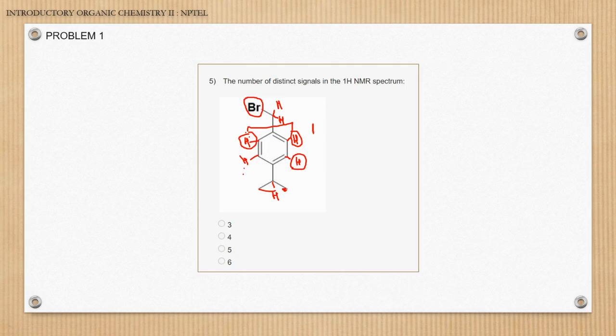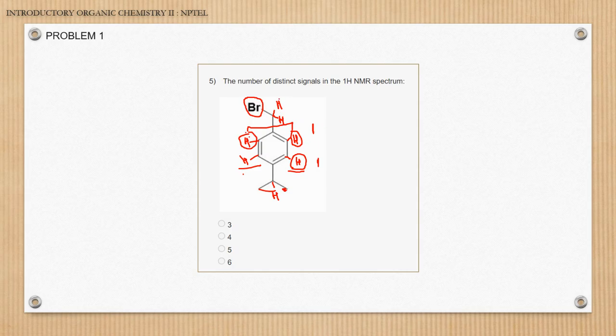And similarly in this case, these two protons have a similar environment, as both are facing towards the methyl group. So that is why they show an identical chemical shift value, right? So because of these two, one signal should be there in the 1H NMR. So because of the four hydrogens on the aromatic side, you will find two signals in the 1H NMR, right? So this much is sorted.